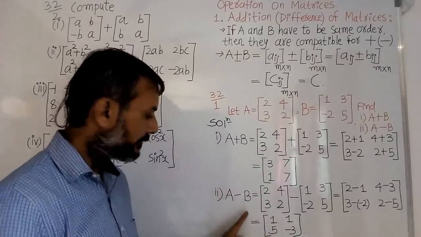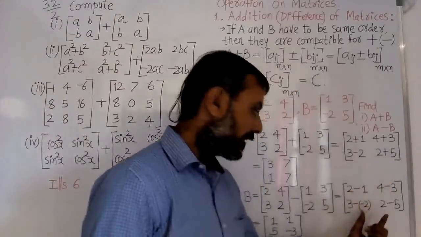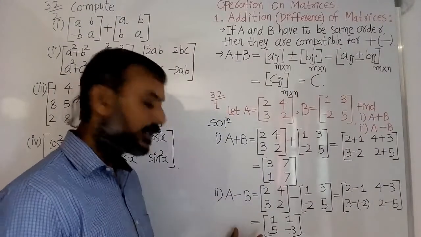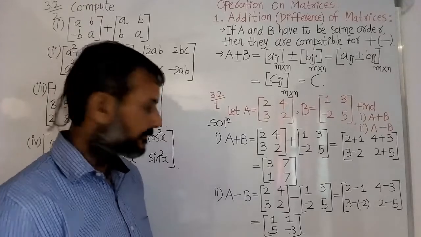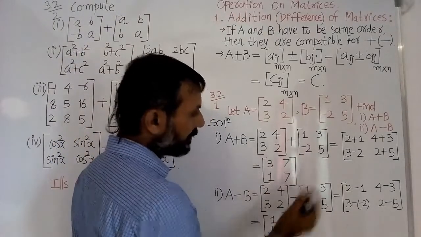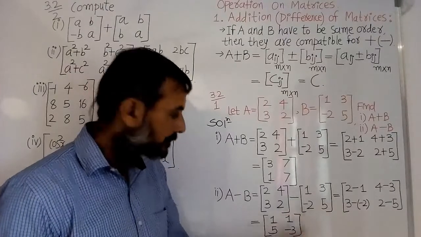In a similar way, for difference, instead of addition we write difference. Then we get the difference elements and finally the difference matrix. So A minus B: matrix A, matrix B, put a minus sign between them.